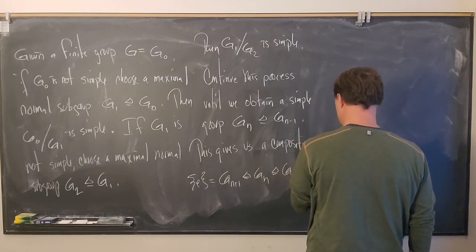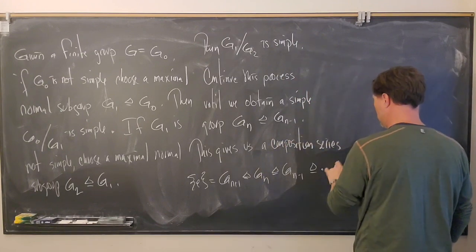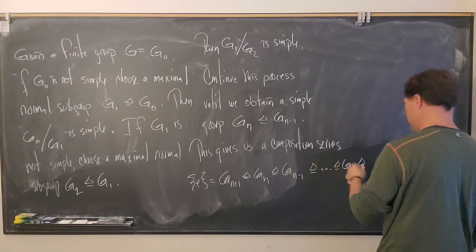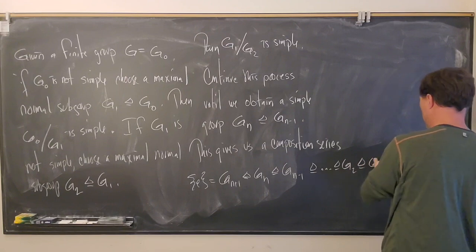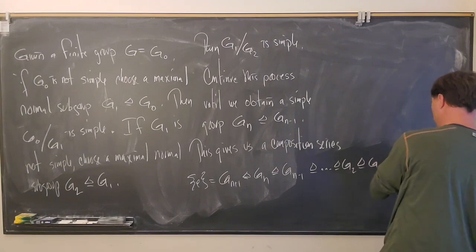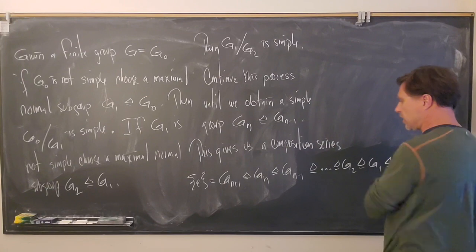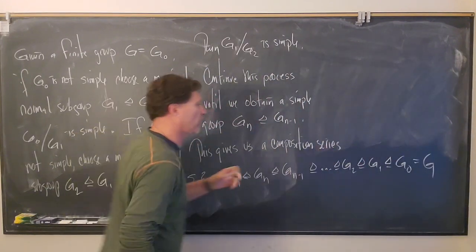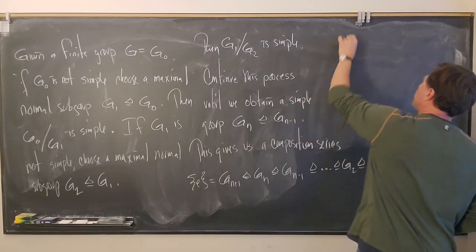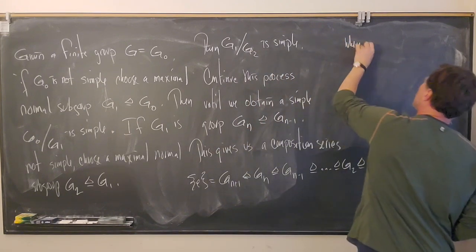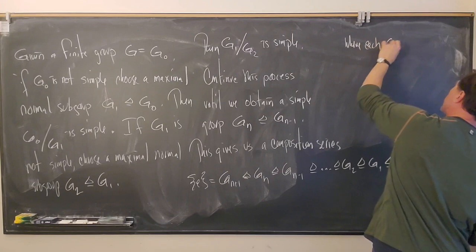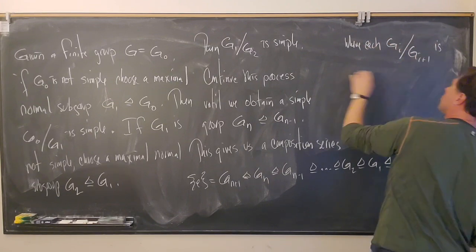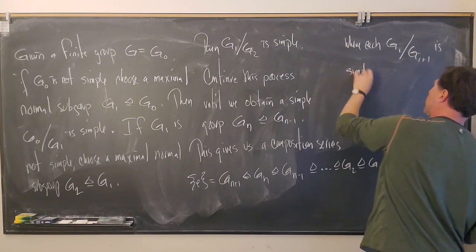And this keeps going until eventually we get to G2 normal in G1, normal in G0, which is G. So we have this series right here, where each quotient Gi mod Gi plus 1 is simple.